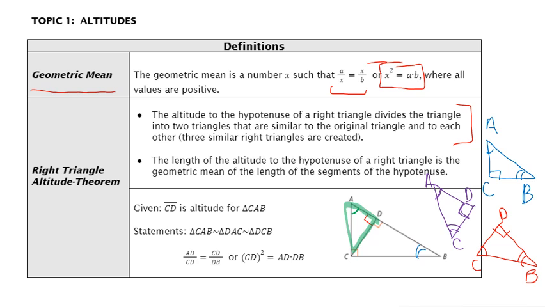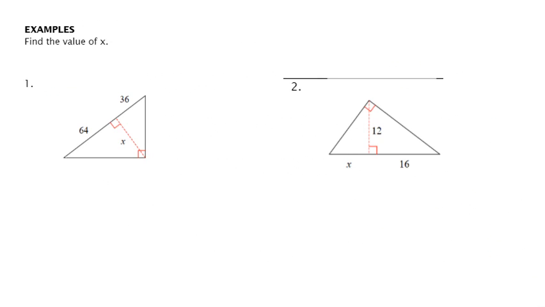For these two examples, there are a lot of different ways that you can set up the problem. The easiest way, I always like to think, is you start with the right angle for the big triangle. And really any segment that comes from that right angle is going to end up getting squared, right? So if I look at it, I see I have x is an altitude that's coming from that right angle.